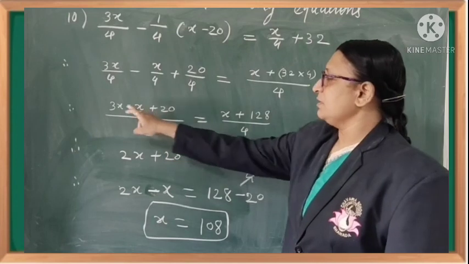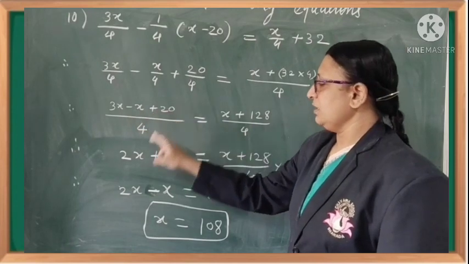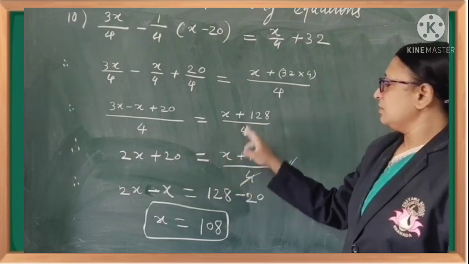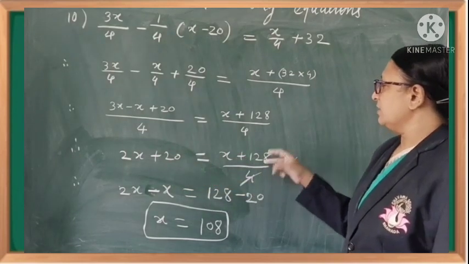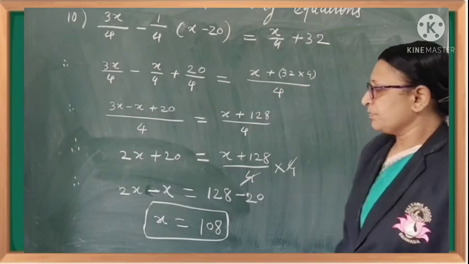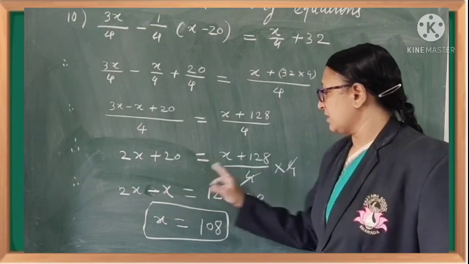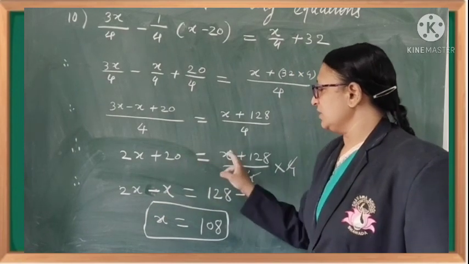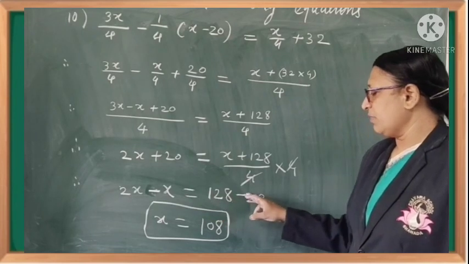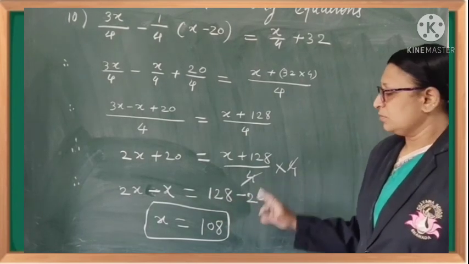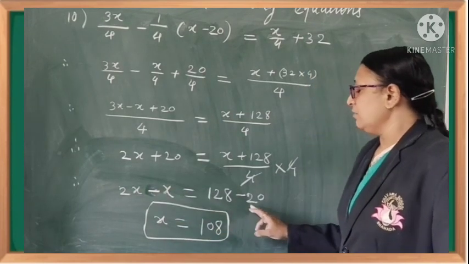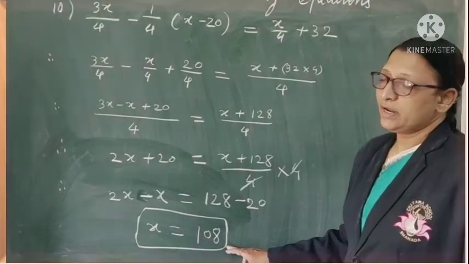So in the next step, 3x minus x plus 20, that is 2x plus 20, and x plus 128, as the product of 32 and 4 is 128. 2x minus x, this x we will transpose, it is plus x, here it will become minus x, equal to 128 minus 20. So finally 2x minus x is equal to x and 128 minus 20 is equal to 108.